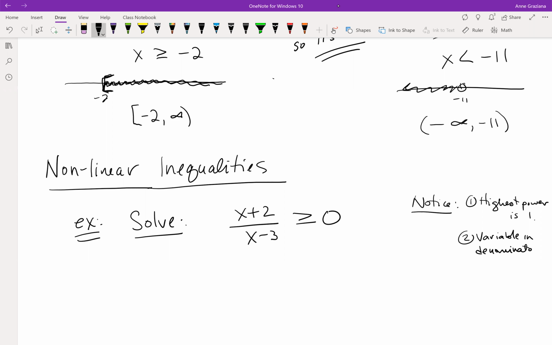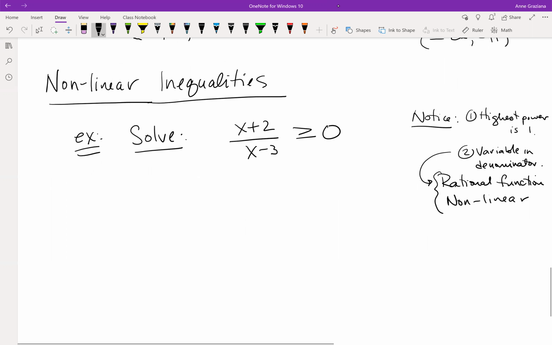When you have a variable in the denominator, it's a rational function and it is nonlinear, okay? So a variable in the denominator is nonlinear. This is not going to be just a line if we tried to graph this.